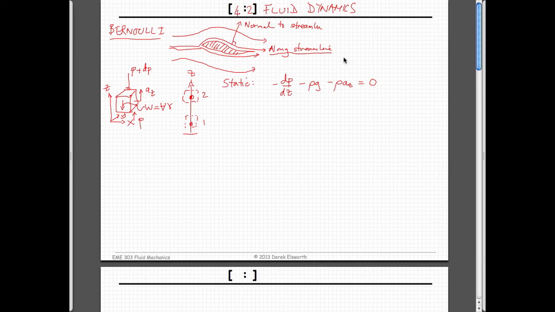The other thing you might recall is that this part was equal to F, and this part was equal to mass times acceleration, right? So this is just Newton's law written in a different way.